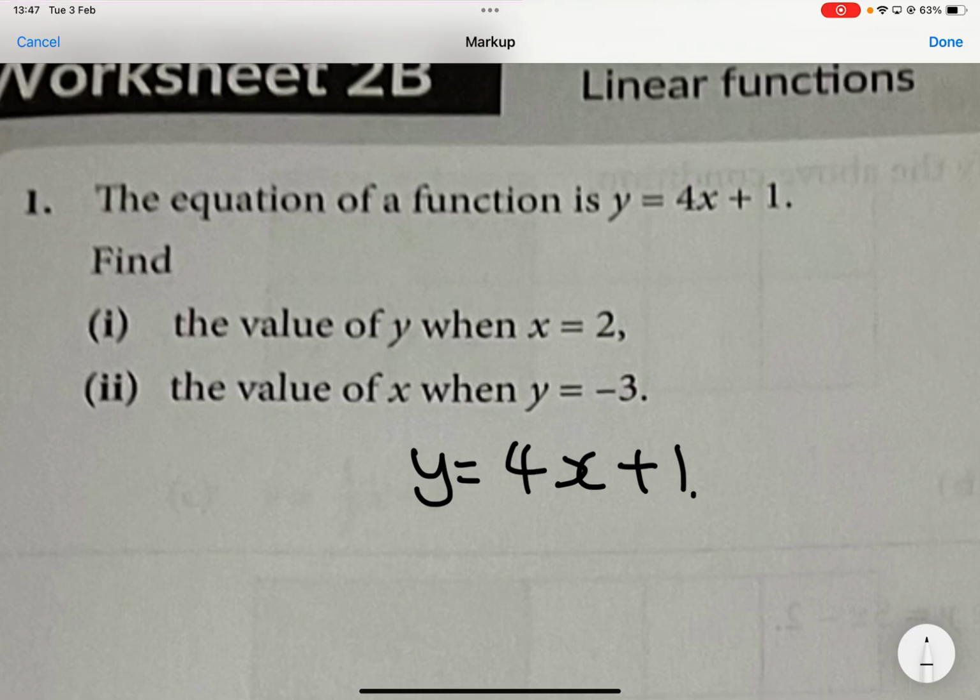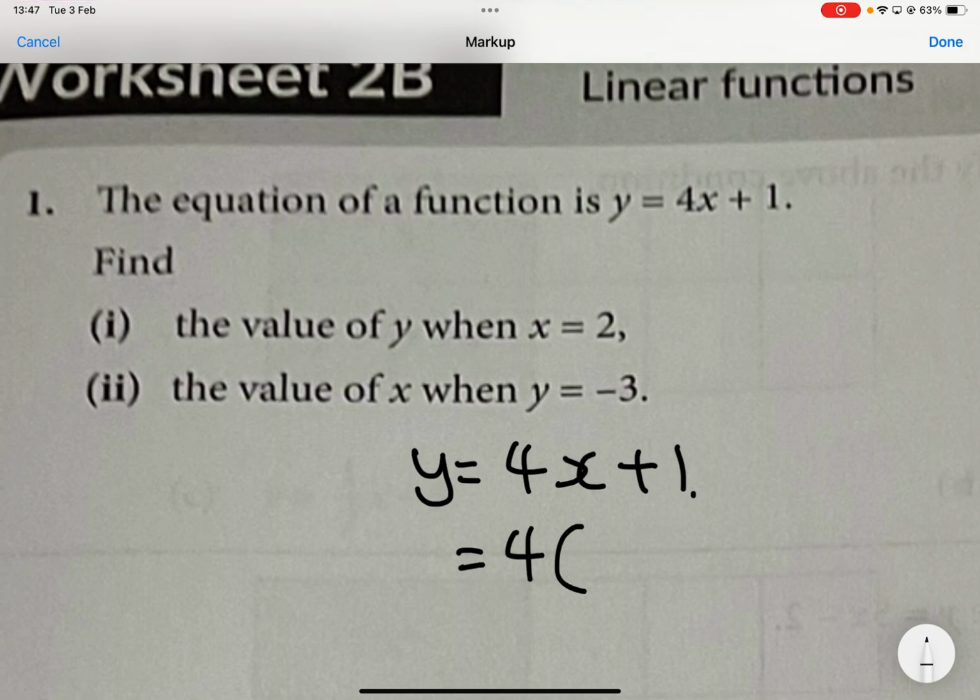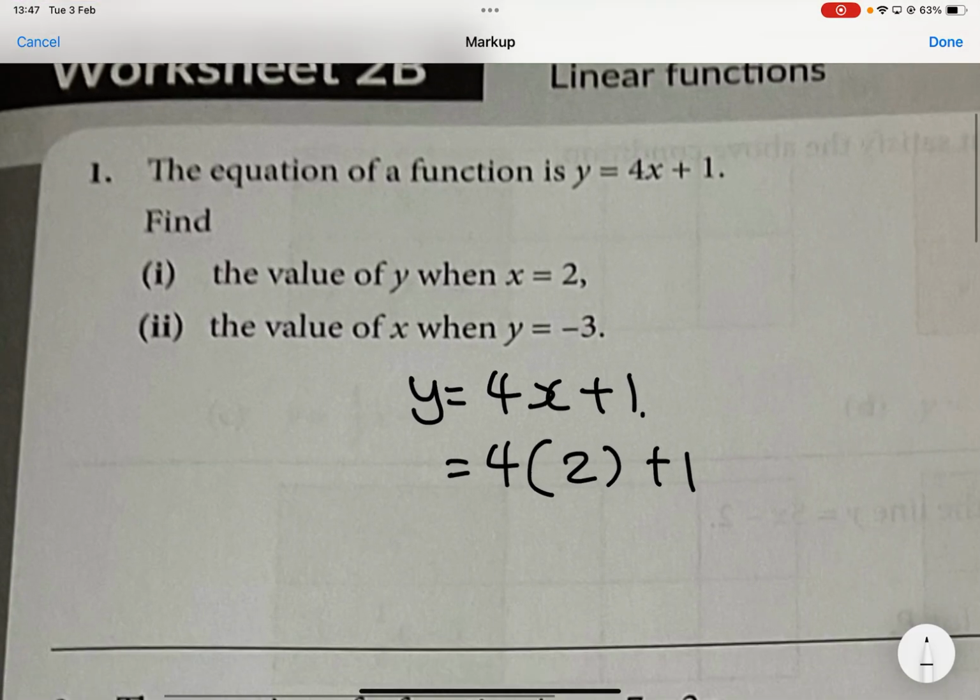Then you can use this equation and go and substitute. When x equals to 2, I substitute x as a bracket, then put my 2 inside. Then I will have 8 plus 1 equals to 9. This y equals to 9 is when x equals to 2.